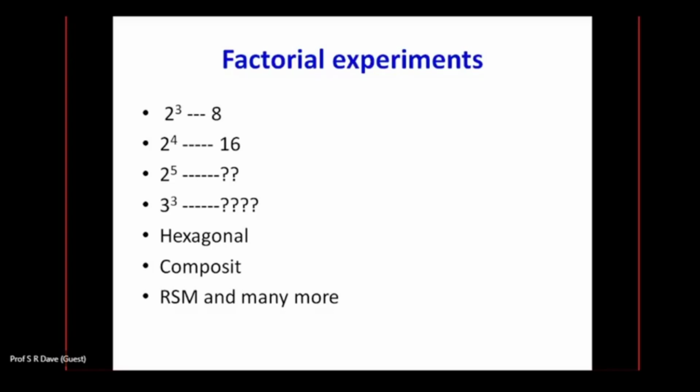The second row of the first column, capital A, small a. Then the next row of the first column, small b. Third row of the first column, small a, small b. Fourth one, now AB has come, so I have to say C.